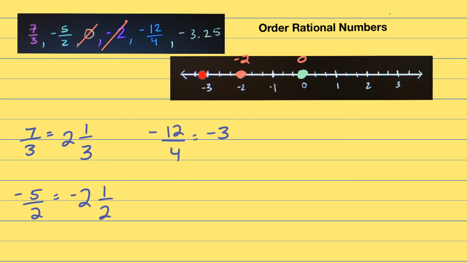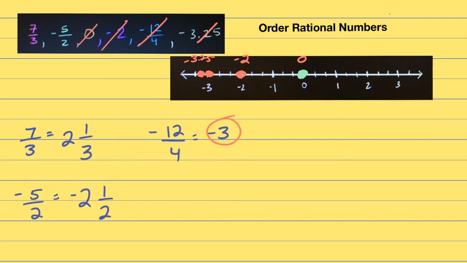So it's not quite a third, so 0.25 would be about right here, because a third is 0.3. That one's done. Now let's put our other negatives in. 12/4 is negative 3. Oh, this is going to get hard to write. Negative 3.25. And negative 3 is 12/4, right? That's this one.